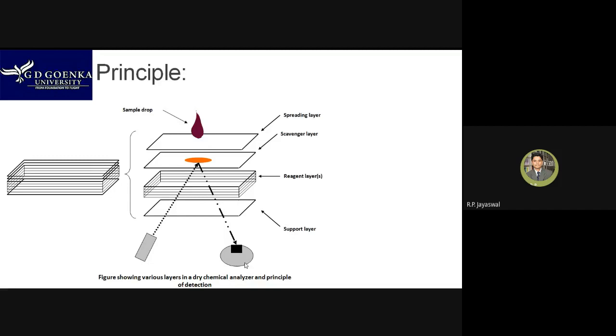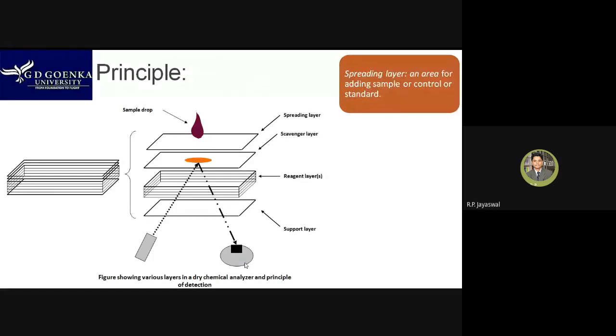Let's know one by one what the spreading layer means. The spreading layer is an area for adding sample or control or standard. This is the place where we add sample, or we add control, or we add standard.